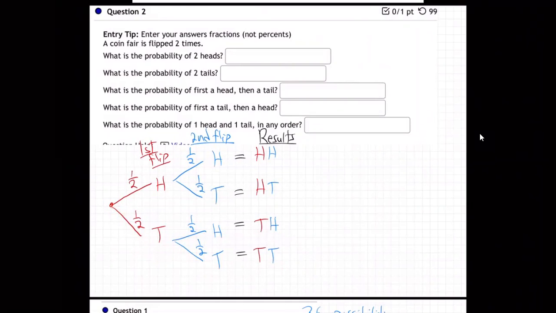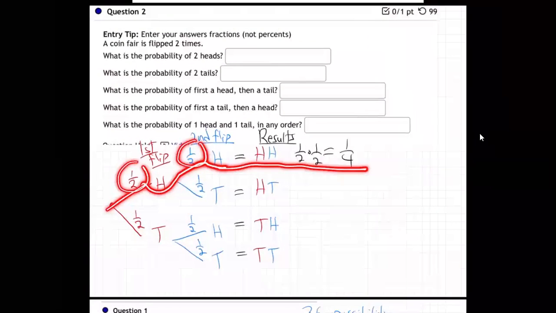Okay, now what are the probabilities? What you do is you multiply the probabilities as you move from left to right. So it's going to be 1/4. How do I get that? A half, head, and then head again, a half. Head, head, a half, a half. Is that making sense?